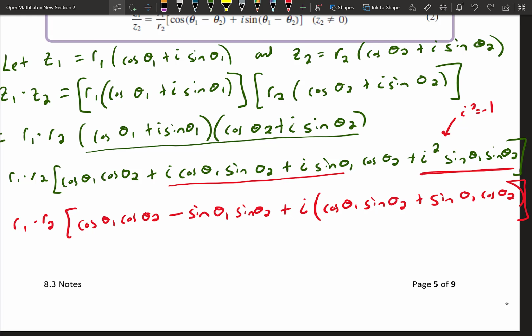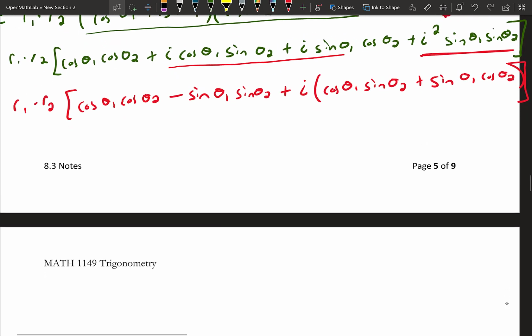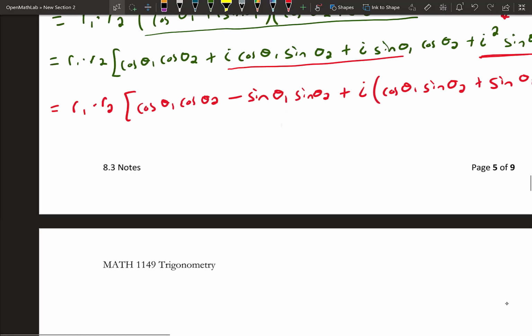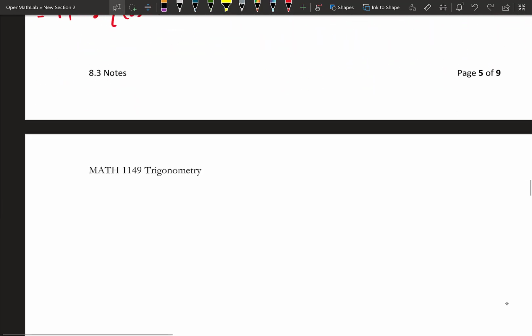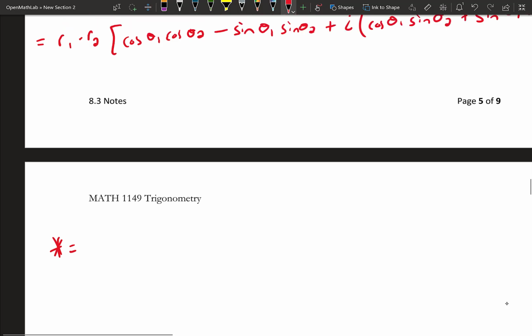I'm going to continue on the next page. So I'm just going to say, let this equal star. And then what we're going to have to use are the sum formulas for both cosine and sine that were presented in section 6.2 to rewrite the following.